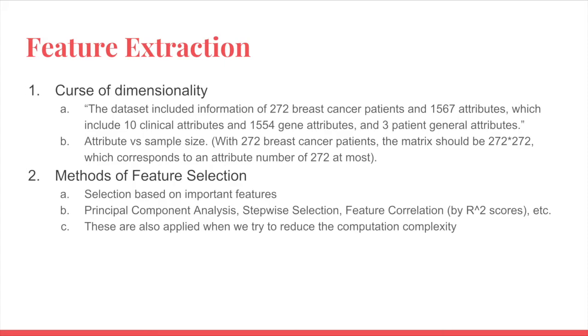So usually we try to keep the feature number down so that we can reduce the training time, and that can be really helpful in the future when we are dealing with a very large data sample. Feature selection is also useful for saving computation power and reducing computation complexity.